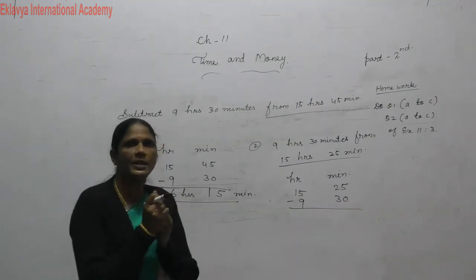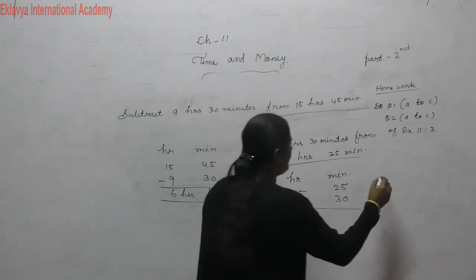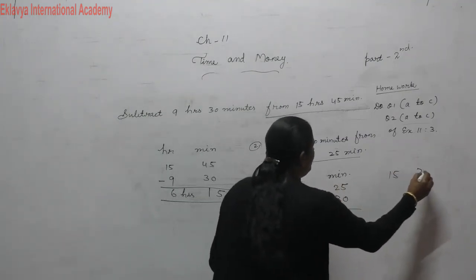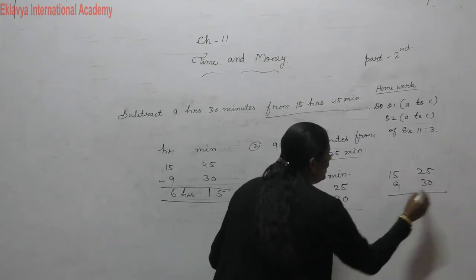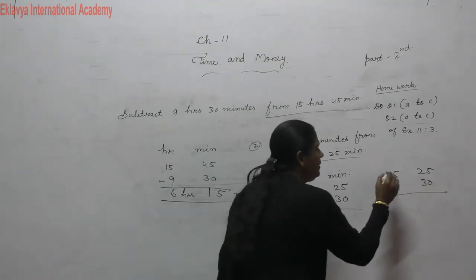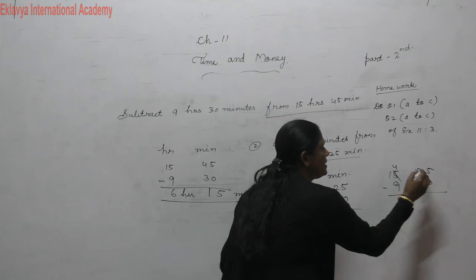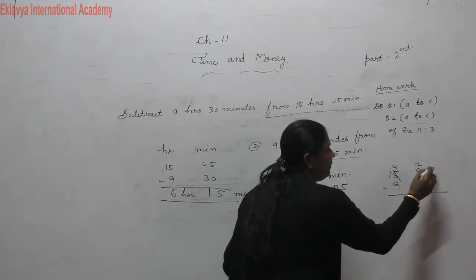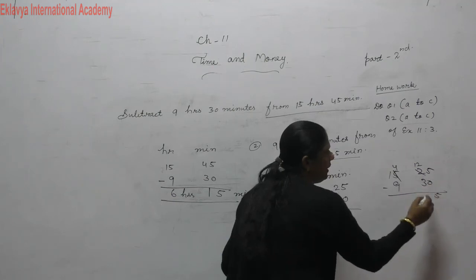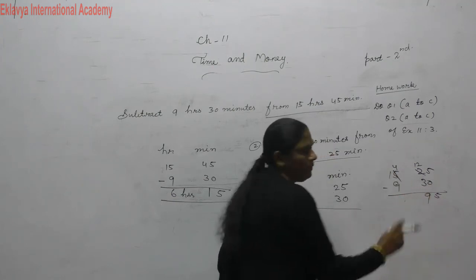In an ordinary case, we subtract like this: this cut 4, this cut 12, then this also 5, then 9, this way.